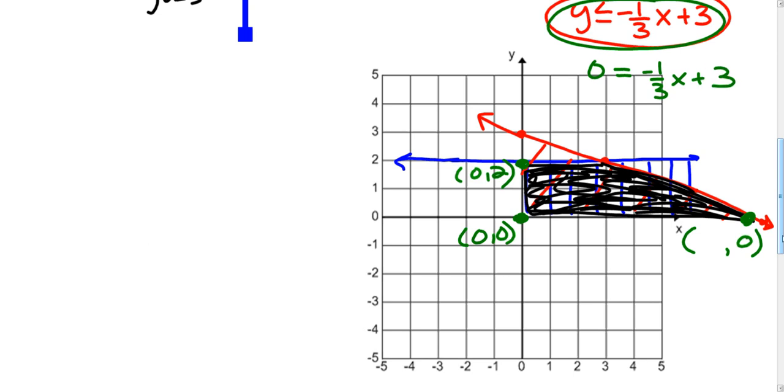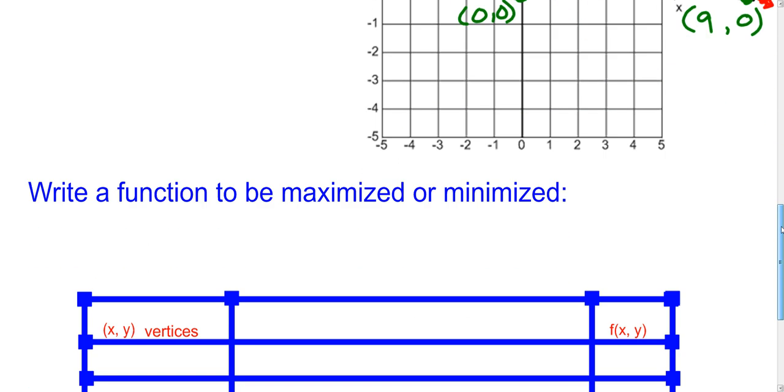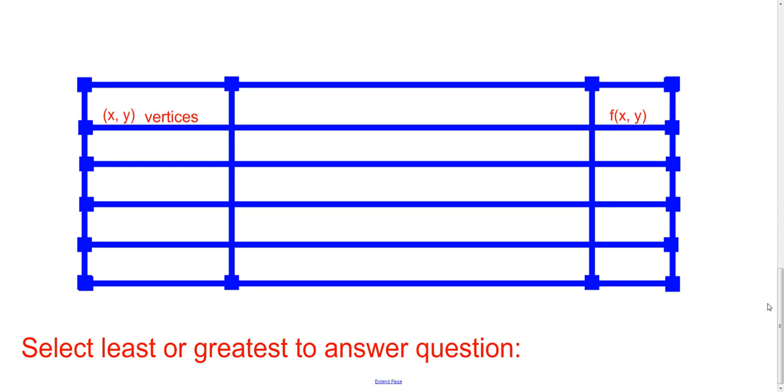Okay, and your graph might work fine, but I'm just going to show you how to do this. I'll subtract 3, so I have negative 3 equals negative 1/3 x, and then I'll multiply by negative 3, and x would be 9. Okay, so that is the coordinate 9, 0. So now I'll go ahead and stick those coordinates into my function here.